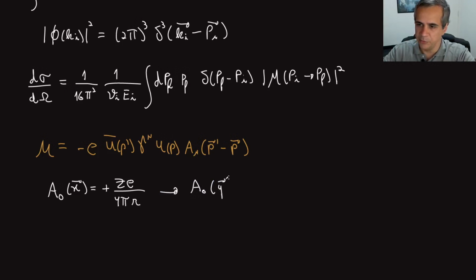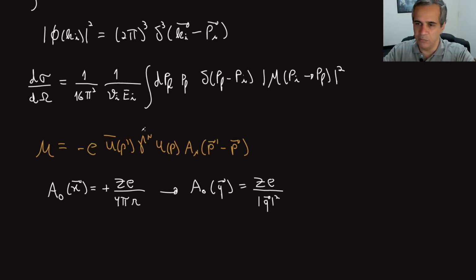A0 of q will be Z e over q squared. So that's the field I put here, and all the other components are 0.